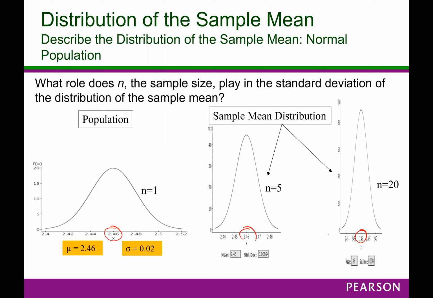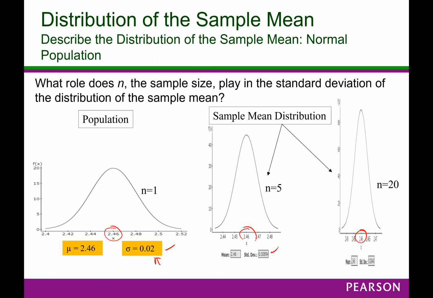It's the same mean. The center of all of these three different distributions is the mean of the population. However, the standard deviation, the variability of all values when the values are individual, is this value. But when we increase the sample size a little to 5, the variability will be smaller than this one.